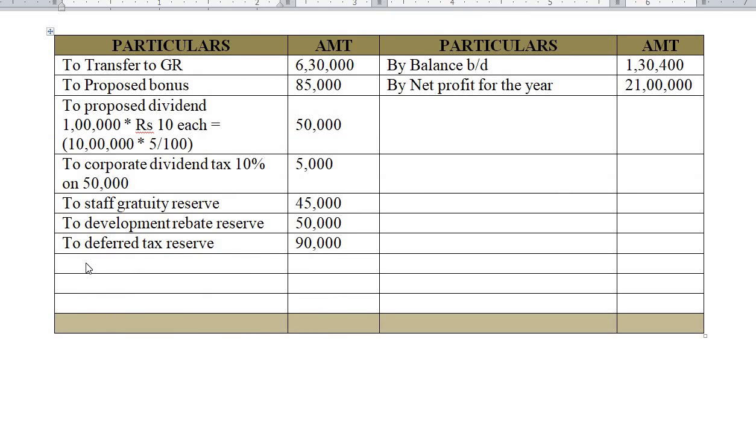After deferred tax reserve, you have the directors transferred rupees 40,000 to dividend equalization reserve in the question, isn't it? So just give the amount to dividend equalization reserve, which is 40,000. Where did I take this amount from?